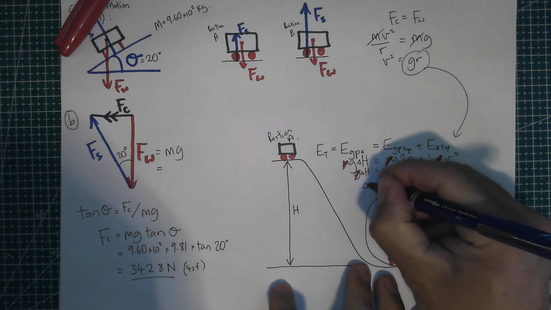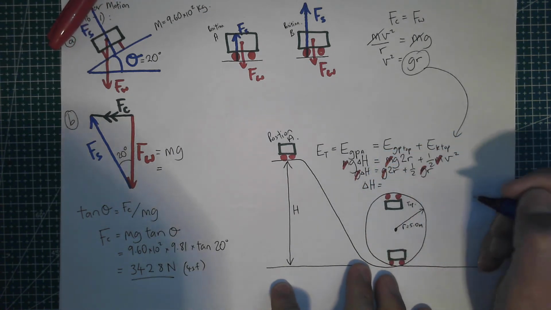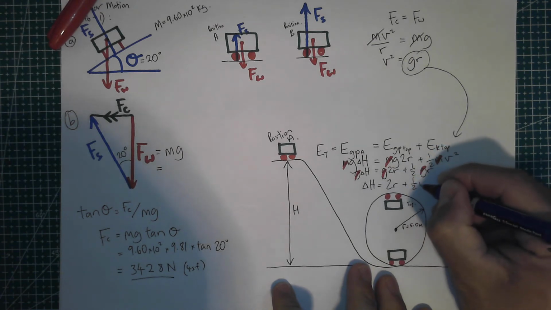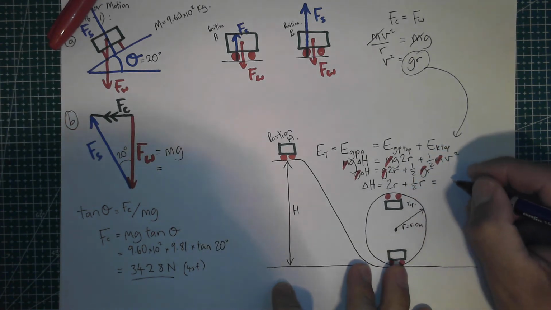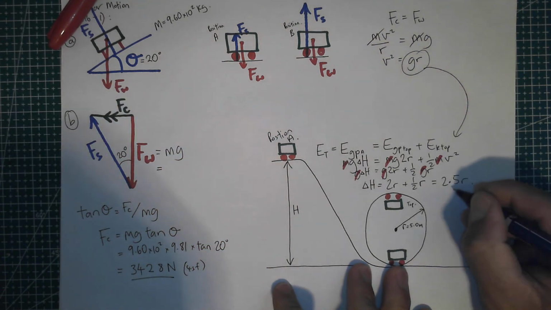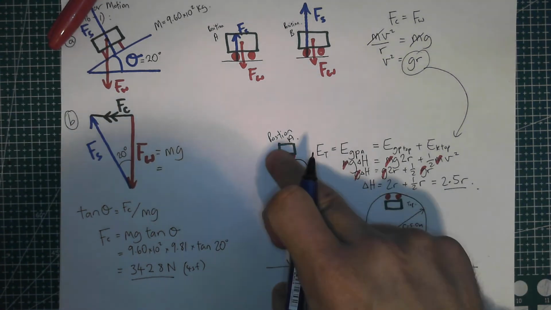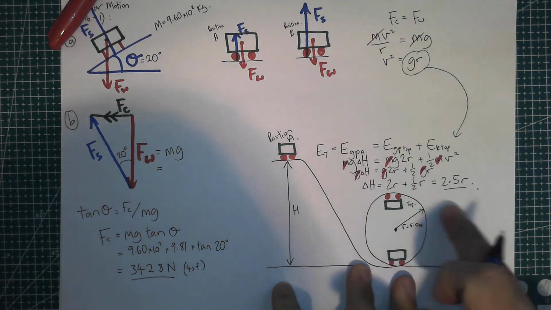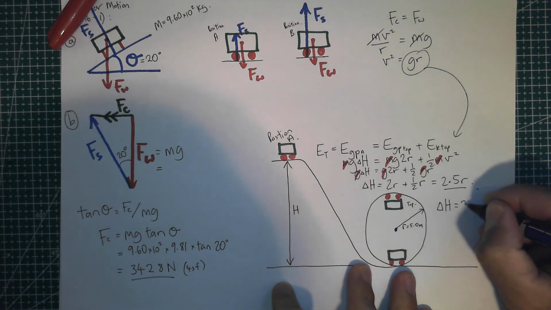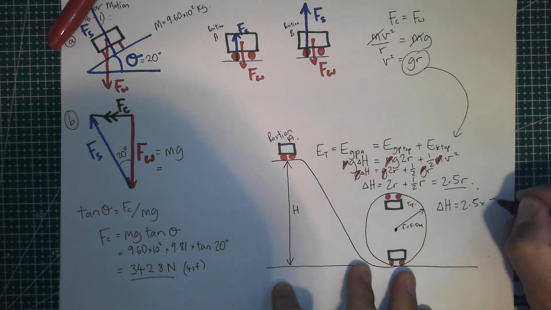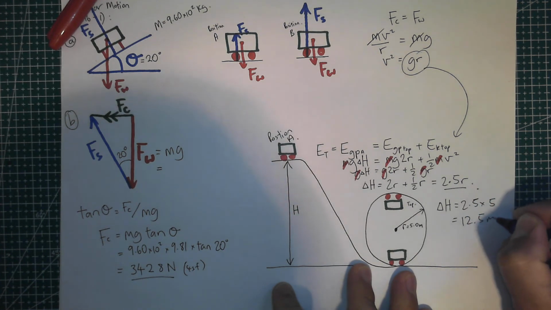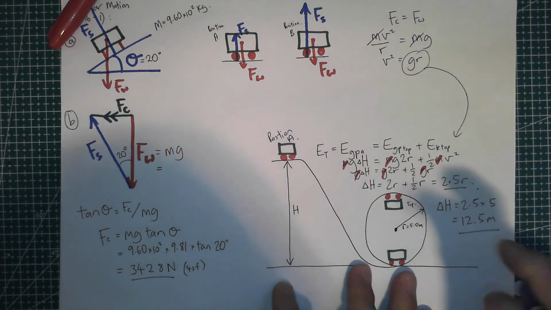And then we get delta h is equal to 2r plus 1/2 r, which is equal to 2.5r. So that's for any height in any loop. It's always going to be the same. So for this one, the height is going to be 2.5 times a 5 meter radius, which gives us a 12.5 meter height required at the start.